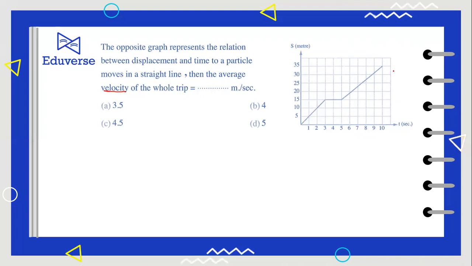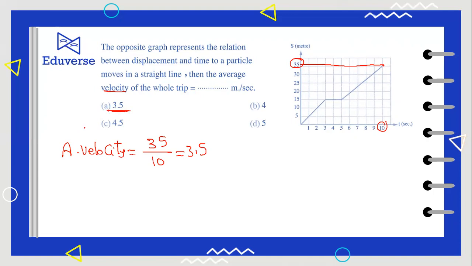The displacement at this point will be 35, and the total time is 10. Then average velocity is total displacement 35 over total time 10. It will be 3.5 meters per second.